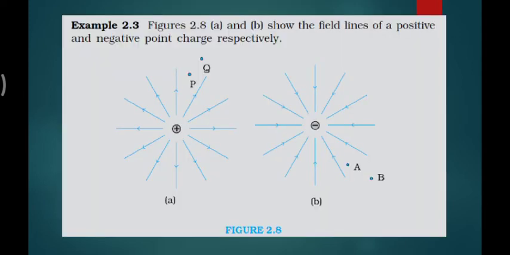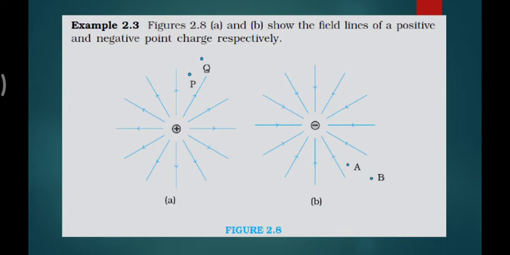Let's go for the next example, example 2.3. The simple diagrams are given. For a positive charge the electric field is always outward, and for a negative charge the electric field is always inward, towards the negative charge.